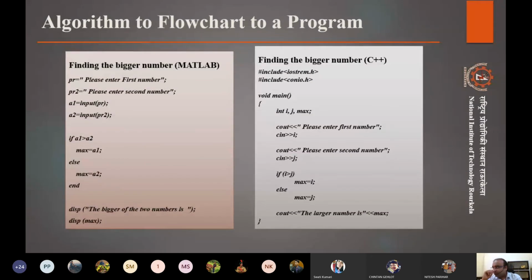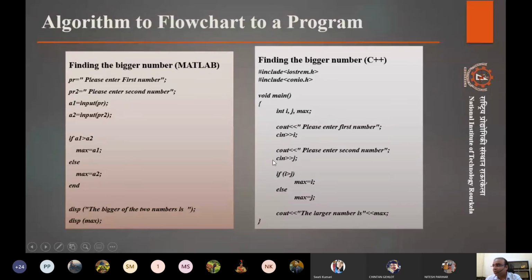Yeah, you see the same program is now written in C++, and just for comparison you see how very similar these programs are. In this we have some inputs in form of I and J. In MATLAB we have the if-else operator.